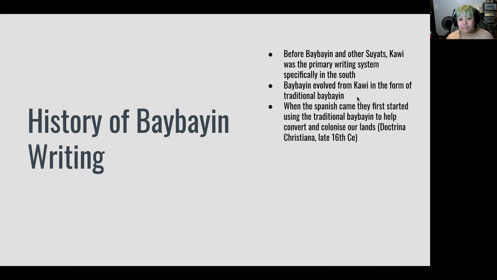When the Spanish arrived, they first started to use the traditional Baybayin to help convert and colonize their land. This is shown in the Doctrina Christiana from the late 16th century. The Doctrina Christiana is an infamous document which showcases the traditional way of writing, without using the cruz and the sinawali to indicate single consonants within the word.